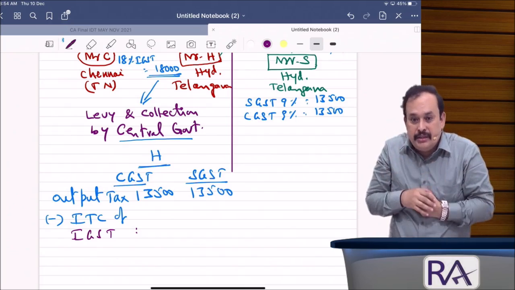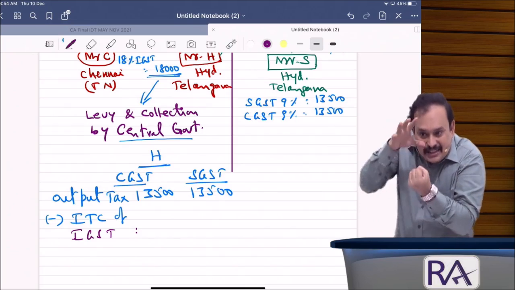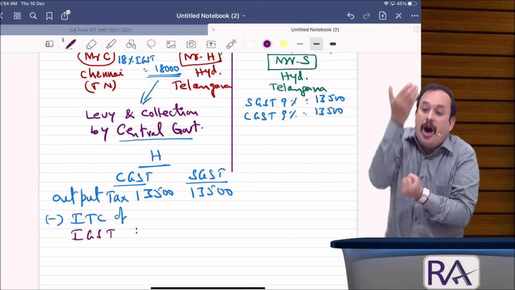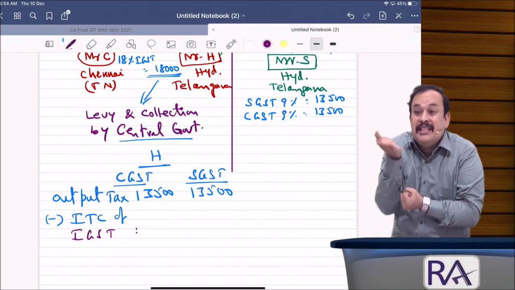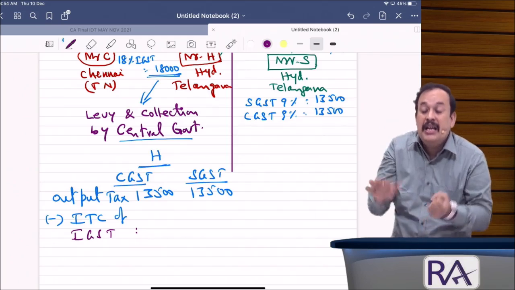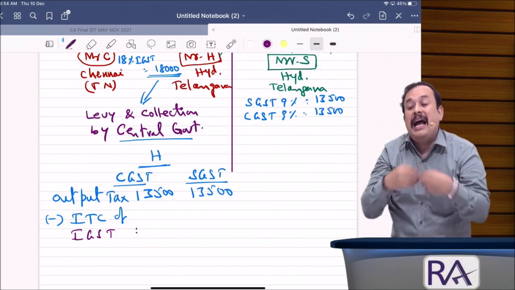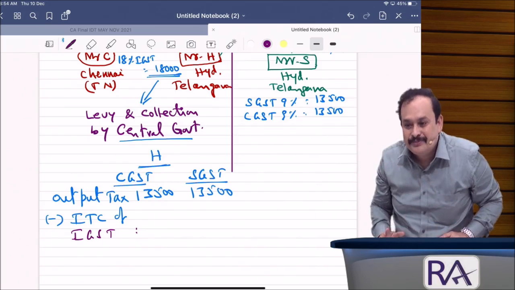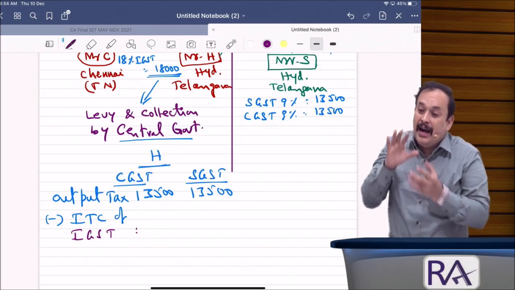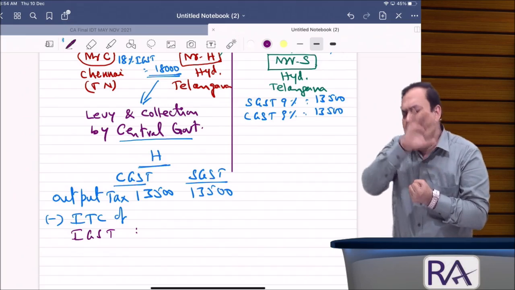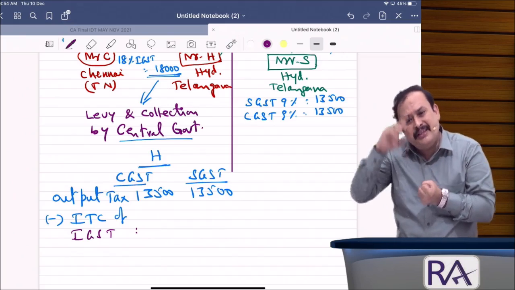I have IGST credit. First you take IGST credit to set off your CGST, SGST liability in the manner you like, in the proportion you decide.